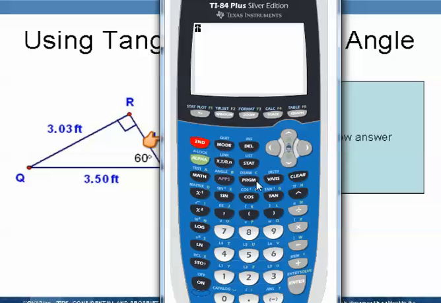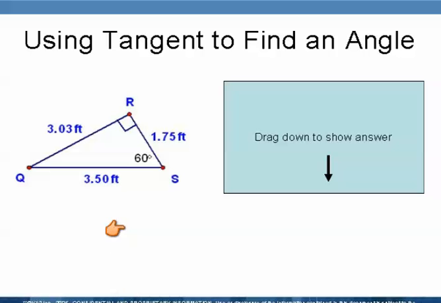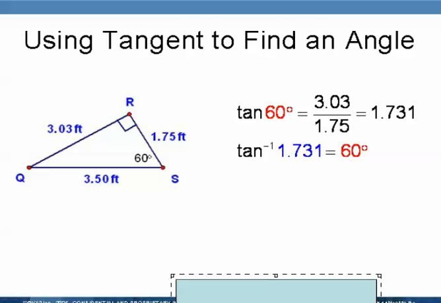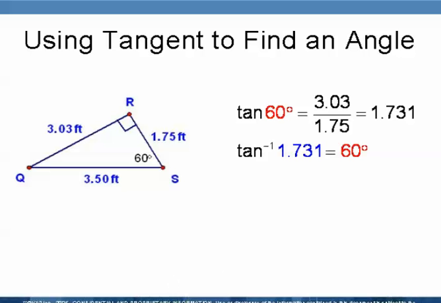I'm going to say second tangent, and I'm going to say 3.03 divided by 1.75. And when I do that and hit enter, I'm going to get 59.99 or 60 degrees. And that's the exact answer that they're going to have right here, 60 degrees. Okay? So you can use the tangent to find an angle.